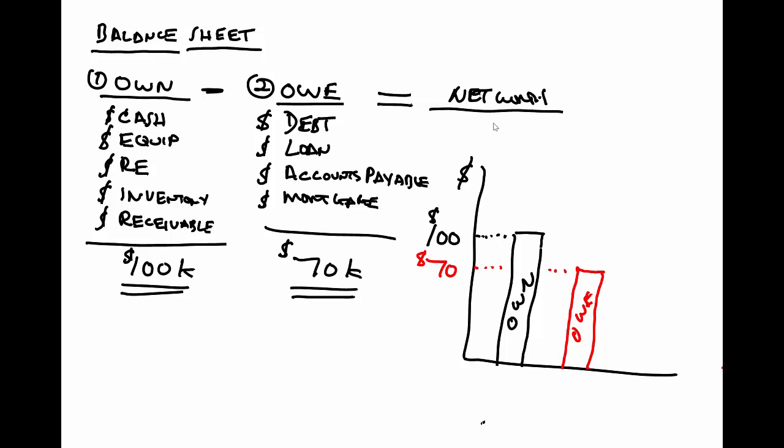Remember right here, we were talking about net worth being equal to what we own minus what we owe. So for net worth, I'm going to convert to a different color. Maybe we'll use green for our net worth. And that is going to be this little piece right here. This little box right here, we'll maybe shade that in a little bit, and that little box is our net worth.